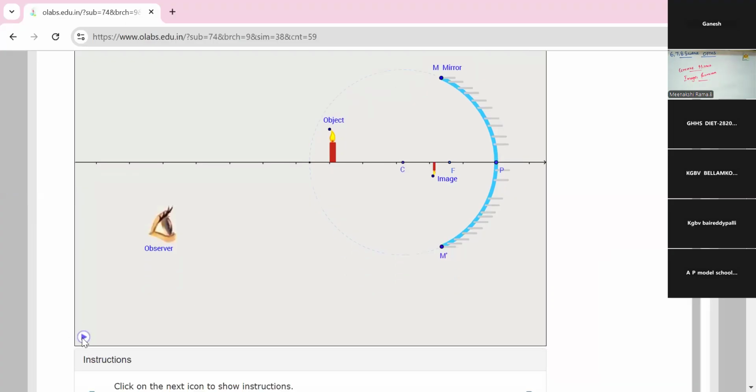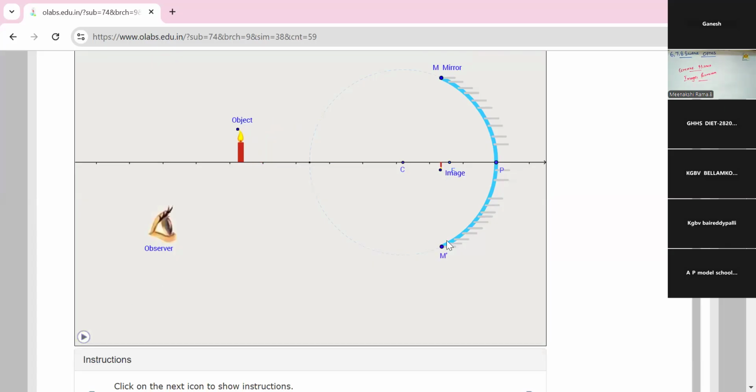First, you are going to see this object, which is a candle. We see how the object is moved to all areas. The position also differs, reversed and not reversed, and the size also differs in each part.